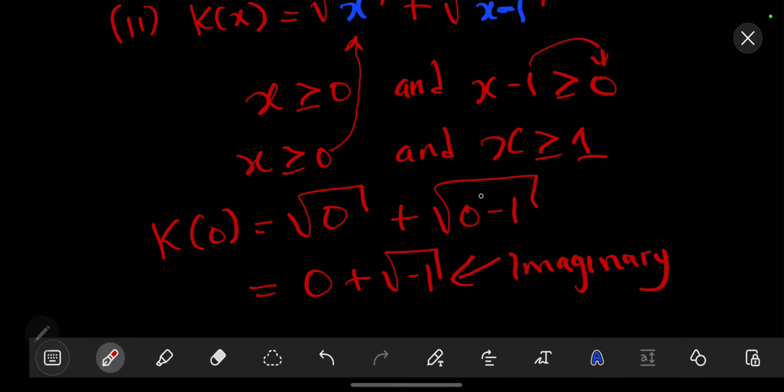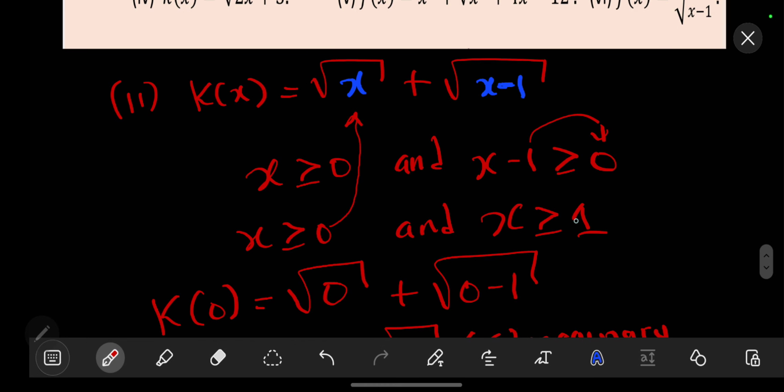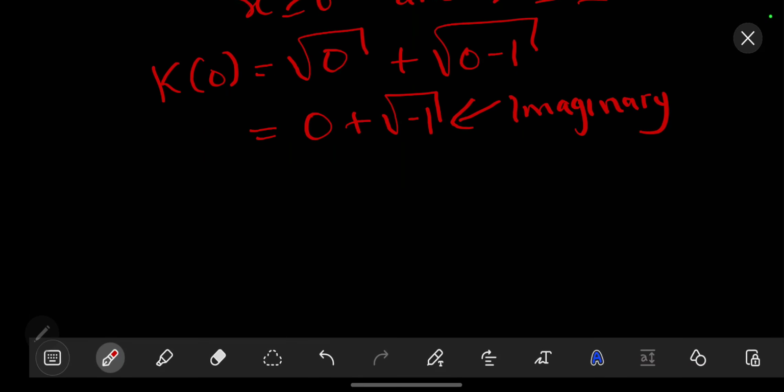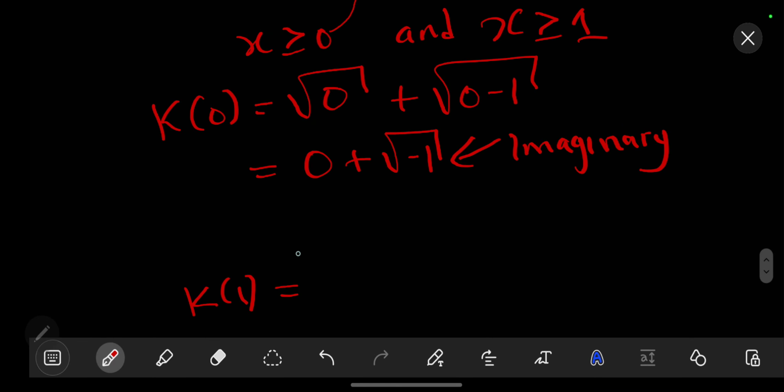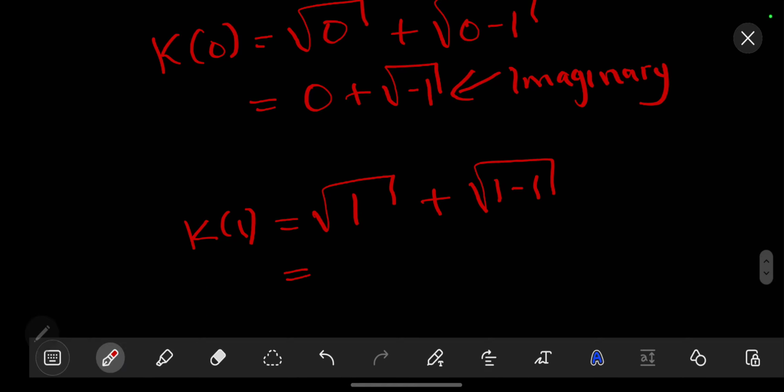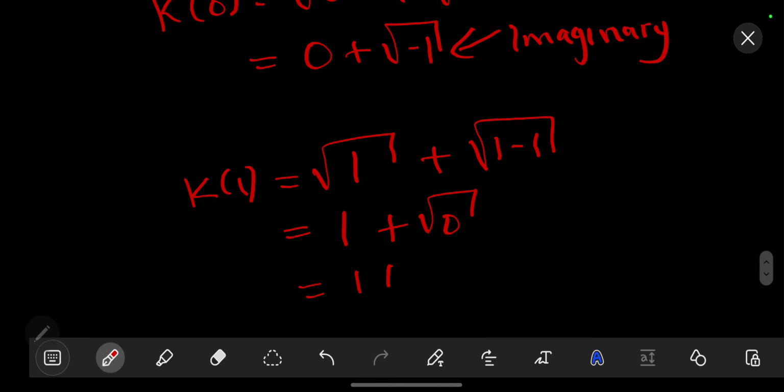But let's say I get my 1 and put it there. We have k of 1 should be equal to, we know that our equation is the square root of x, where there is x we put 1, then we have plus the square root of x minus 1, which is 1 minus 1, which will be equal to the square root of 1 is 1 plus 1 minus 1 is 0. So we have 1 plus 0.